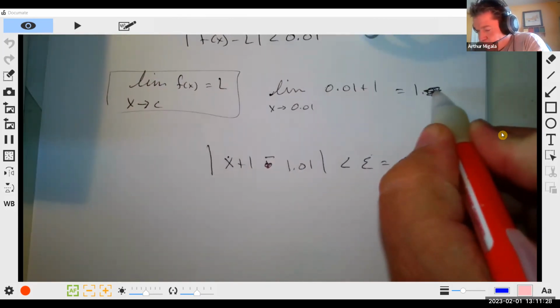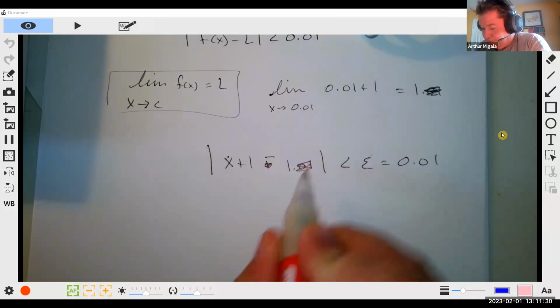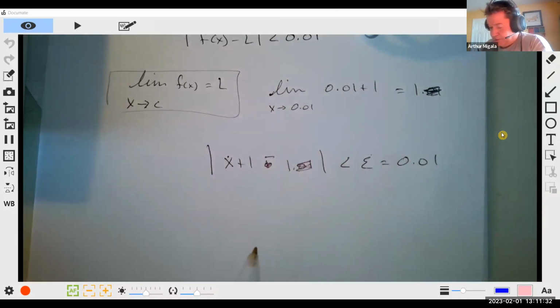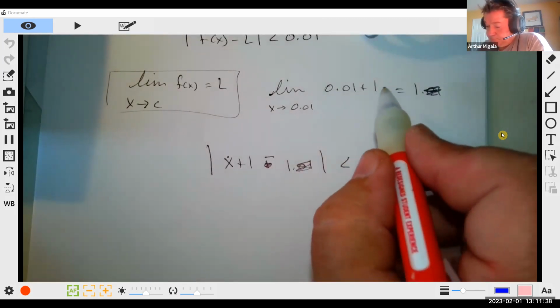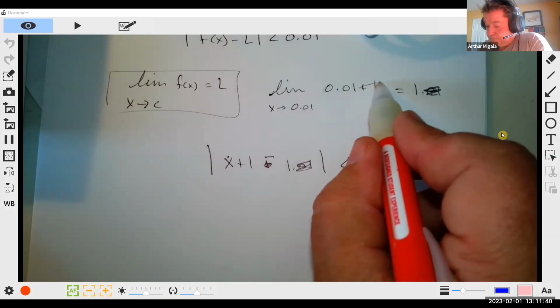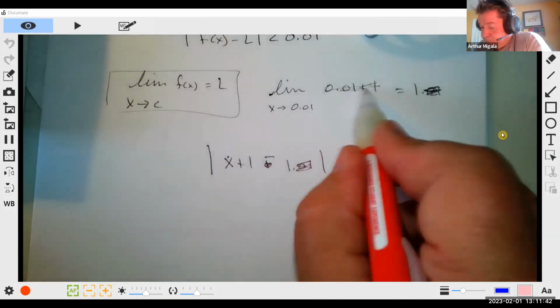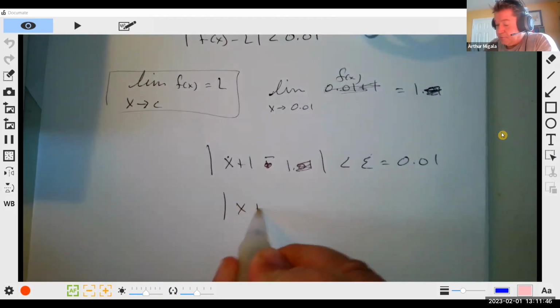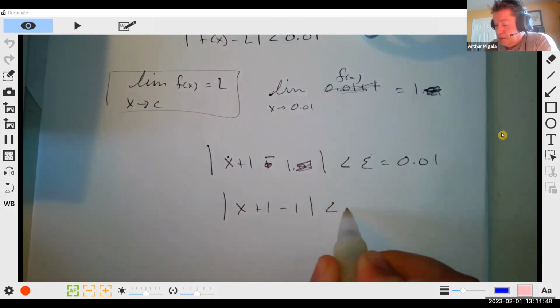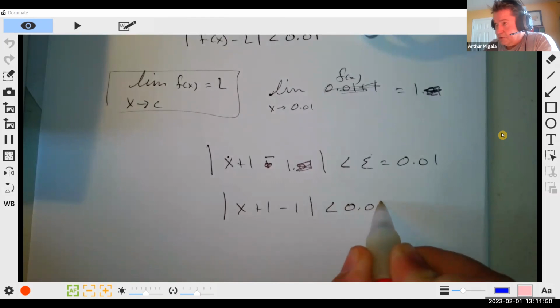Let's just pick one, because that's going to make it a little too hectic. We're saying our limit is 1. So we have x plus 1 minus 1 is less than 0.01.